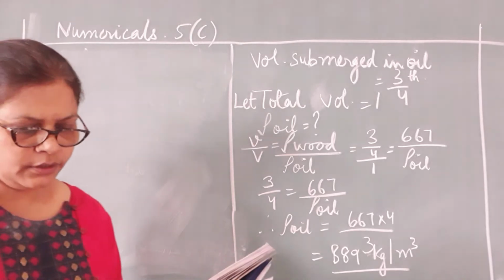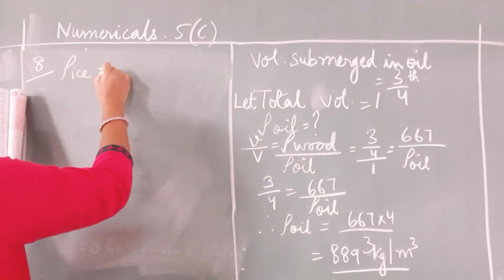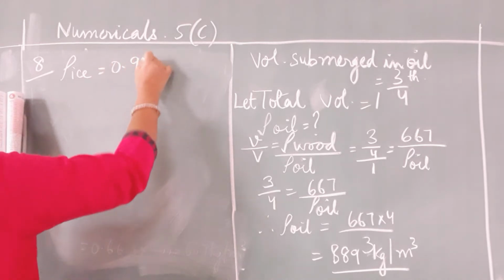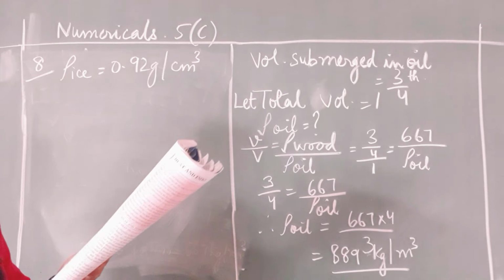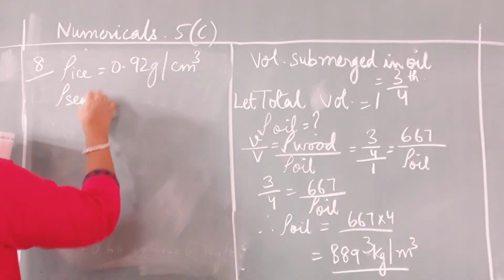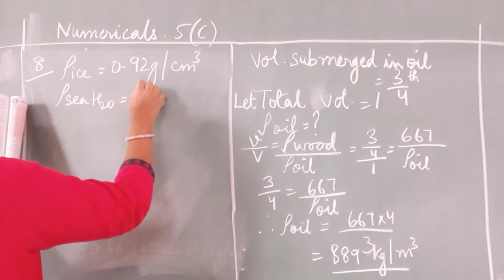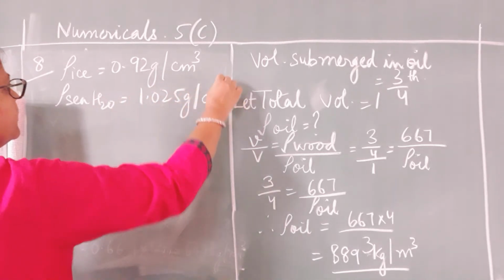In the 8th question, the density of ice is given to you. So the density of ice is given to be 0.92 gram per cubic centimeter. The density of ice is given, and sea water. So the density of sea water is also given to you, and that is 1.025 gram per cubic centimeters.